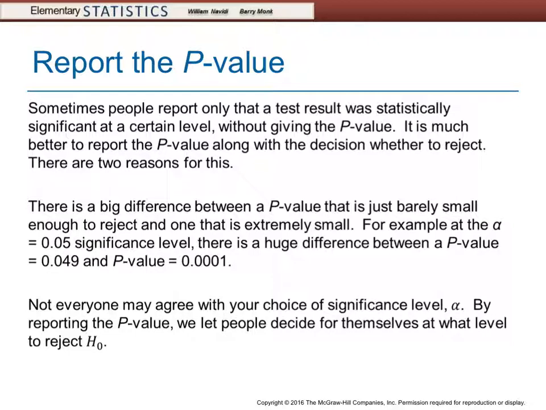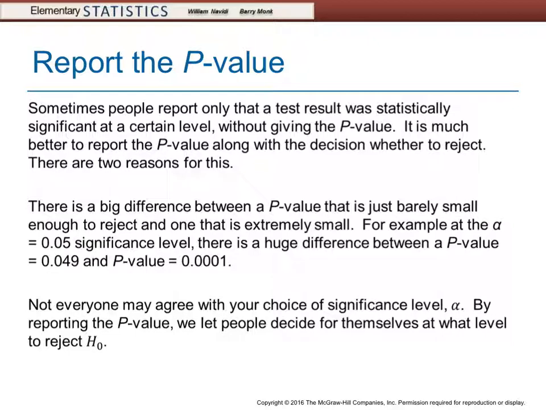There is a big difference between a p-value that is barely small enough to reject and one that is extremely small. For example, at alpha equals a 5% significance level, there is a huge difference between a p-value of 0.049 and a p-value of 0.0001.